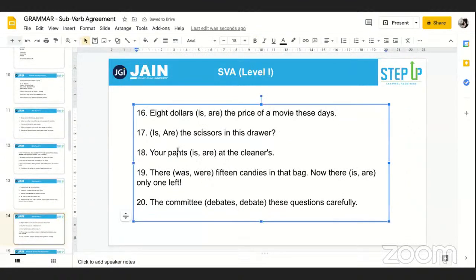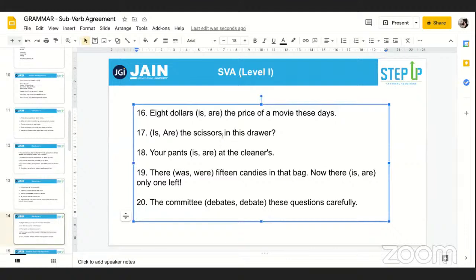Okay. Moving on. Next. $8 is the price of the month. What is the subject? $8. Is that singular or plural? Singular, sir. It's talking about money. Is he talking about money or is he talking about $8? It's quantity, so it's singular. Really? Where are you getting these rules from? I didn't teach you that. Okay, first of all, what is the subject?